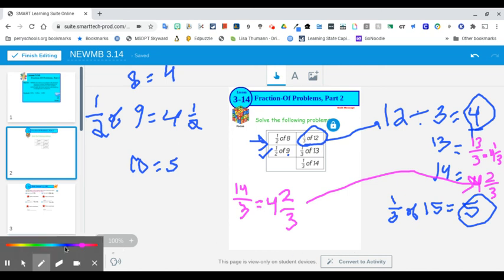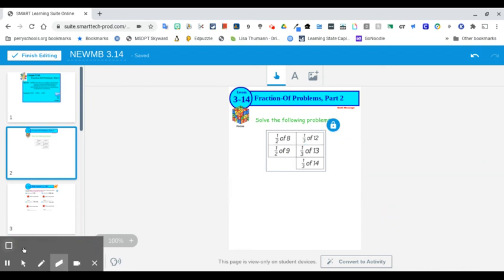I want to show you too, before we move on, we can check this and make sure that these do in fact equal. Remember, we can take 3 times 4. So we take the denominator times the whole number, and I get 12. Then I add it to the numerator, and we do in fact get 12 plus 2 is 14. So that's just kind of a refresher.